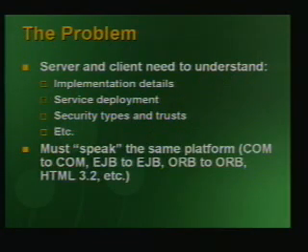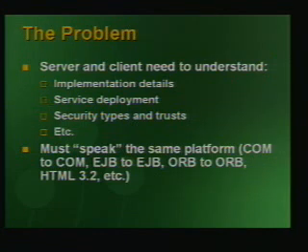What's the problem with this? Well, the server and the client have to understand each other. Their implementation details, their service deployment, security, etc. The client needs to know, who's my server? Am I talking COM to COM? Am I talking EJB to EJB? Am I talking ORB to ORB? HTML to something else?